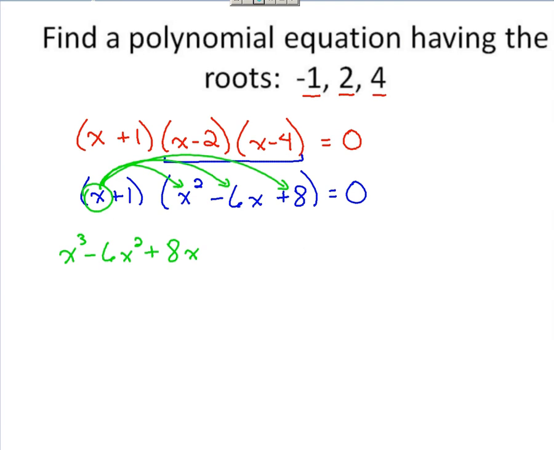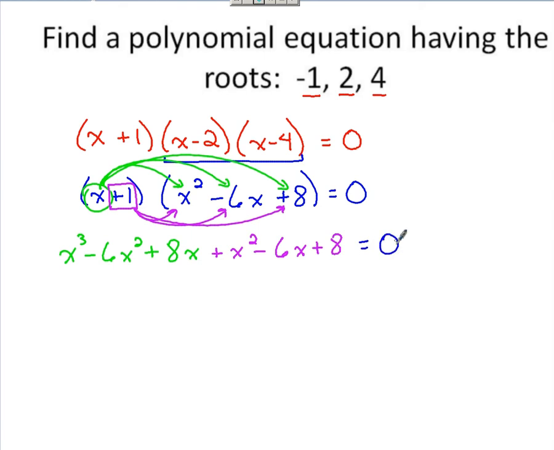And now I'm going to take the second term in this binomial expression, that 1, and I'm going to distribute that through. As I multiply through that 1, I get plus 1x squared, I get minus 6x, and I get plus 8. All of this equals 0.